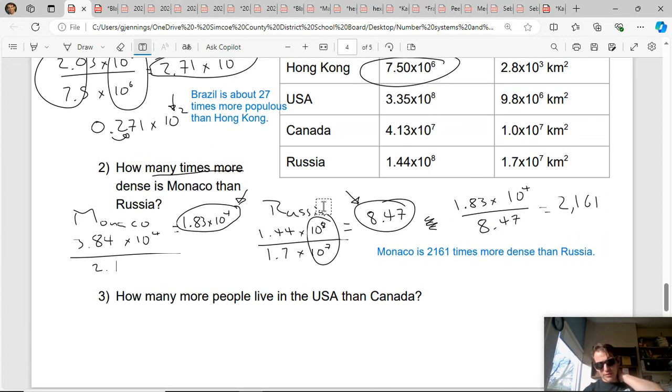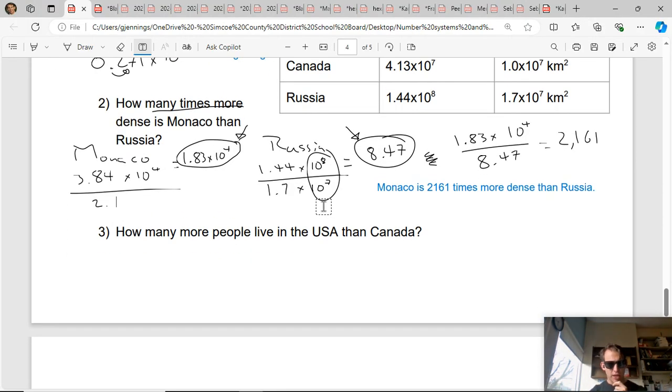So now, how many more people live in the United States than Canada? How many more, right? That's not how many more times. That's how many more. So we want the difference in the population of Russia and Canada. So I can write the population of Russia as 1.44 times 10 to the 8 minus the population of Canada, 4.13 times 10 to the 7 equals 14.4 times 10 to the 7 minus 4.13 times 10 to the 7.